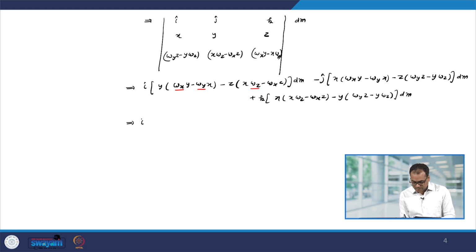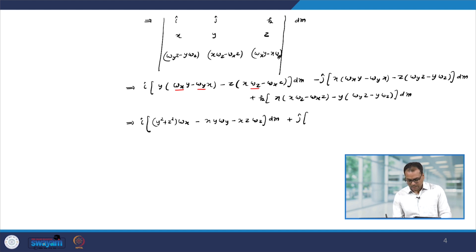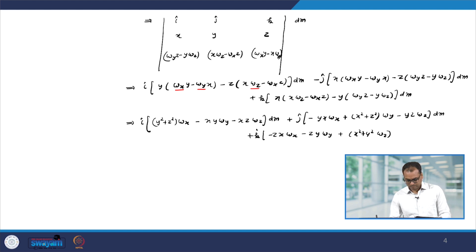So this I can write down as i[(y² + z²)ω_x − xy ω_y − xz ω_z] dm plus j[−yx ω_x + (x² + z²)ω_y − yz ω_z] dm plus k[−zx ω_x − zy ω_y + (x² + y²)ω_z] dm.